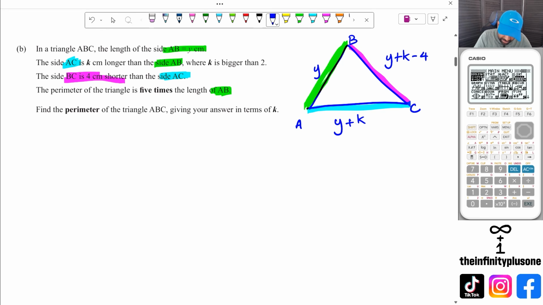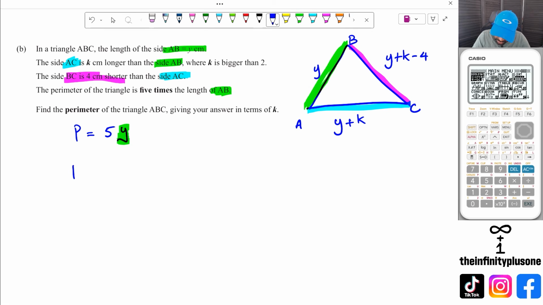So perimeter is 5 times the length of AB. Now AB is equal to y, that's the green part there. So my perimeter is equal to 5y. Now it's asking me to find the perimeter of the triangle. Give your answers in terms of k.